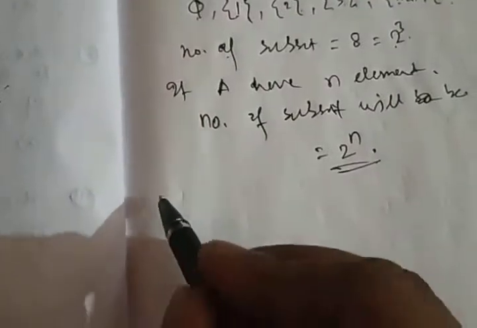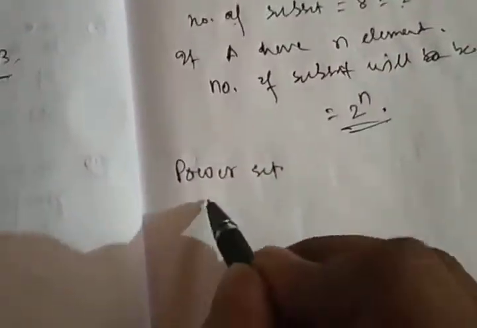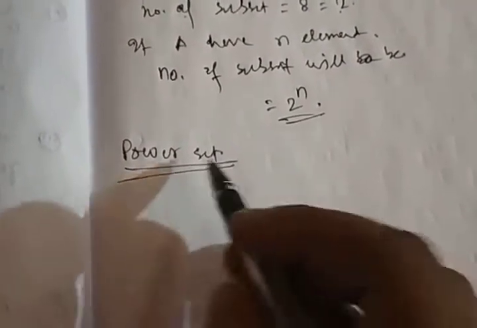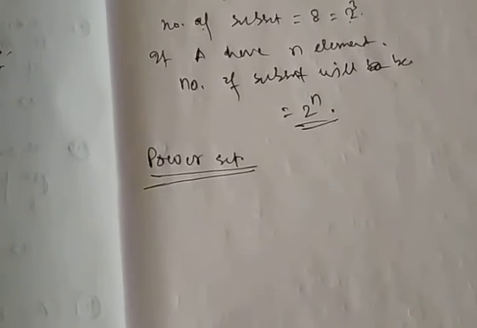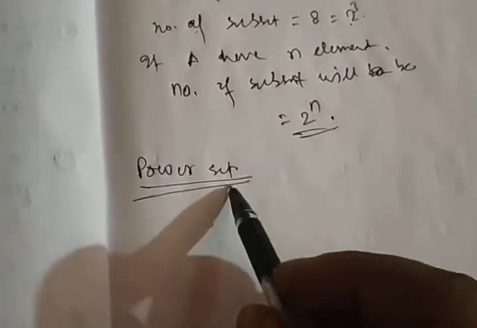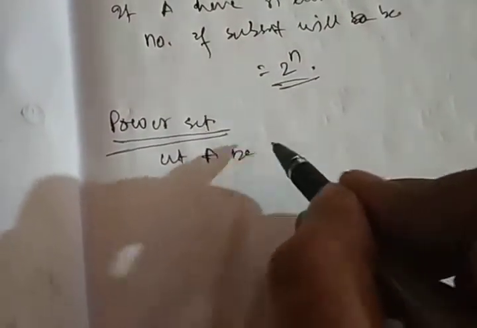Next, power set. Now a power set is a set of sets. That means the elements of the power set are also sets connected to a given set A. Let A be any set.